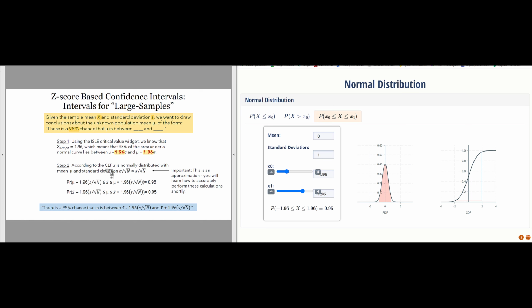Then the central limit theorem tells us this: the probability that the sample mean falls between the population mean minus 1.96 standard deviations and the population mean plus 1.96 standard deviations is 0.95.